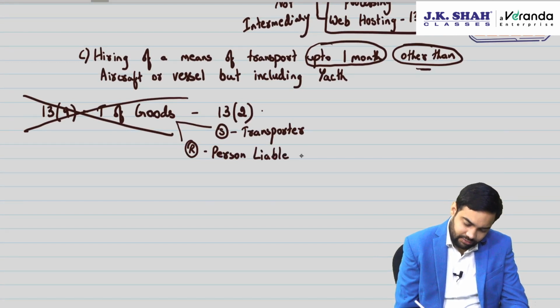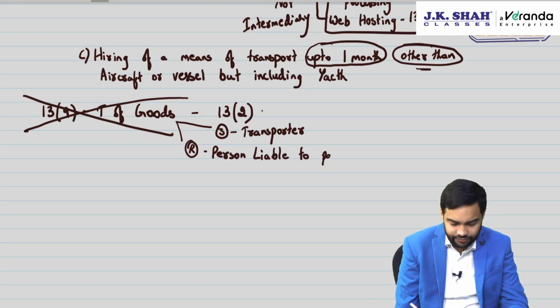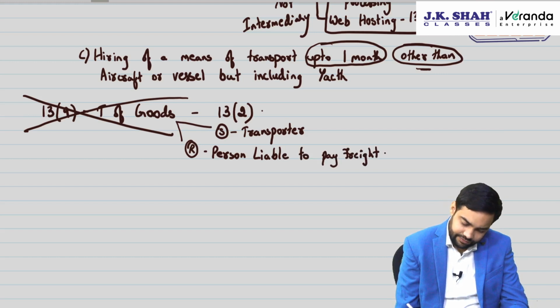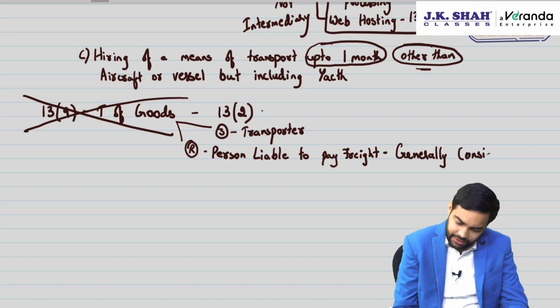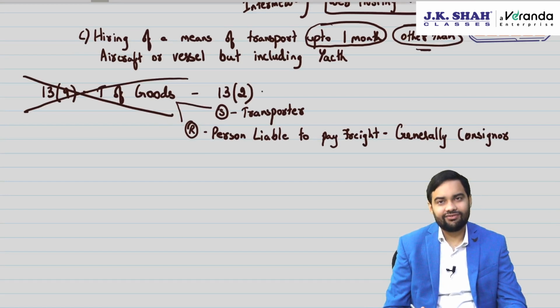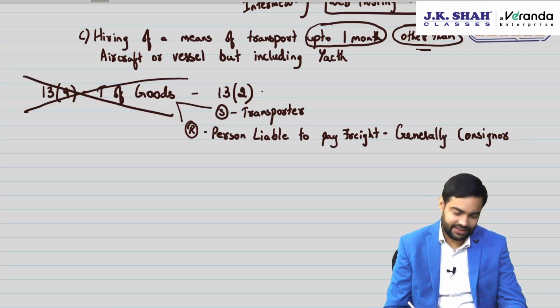Who is the person liable to pay freight? Generally, the consignor is the person who is liable to pay freight. But if the consignee is paying the freight, then we will consider him to be the recipient.